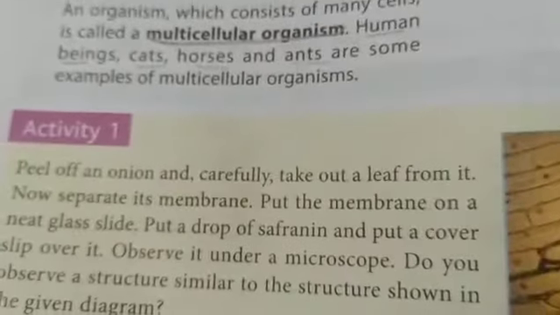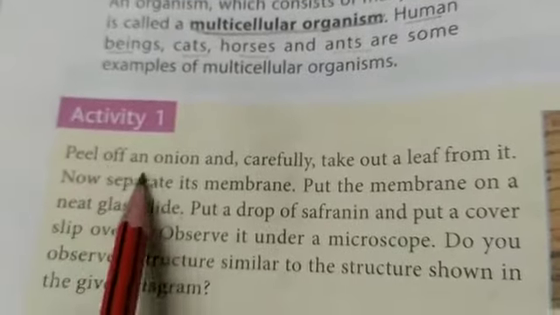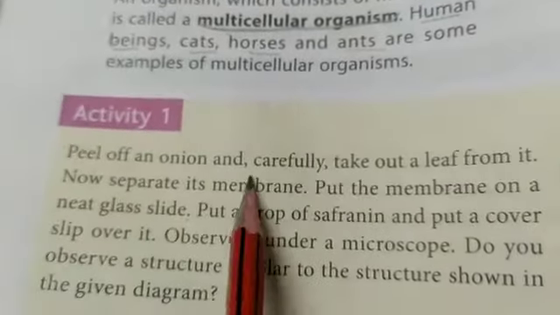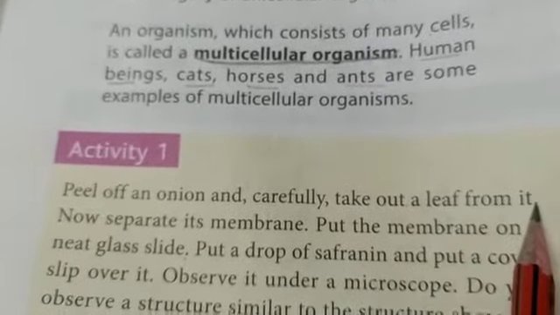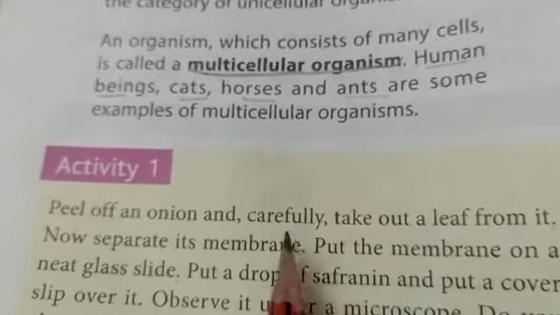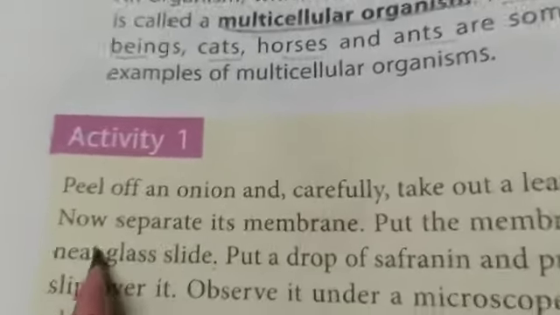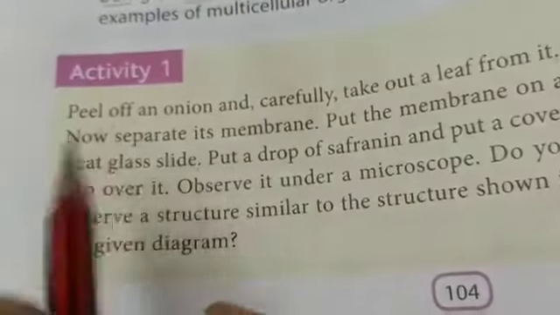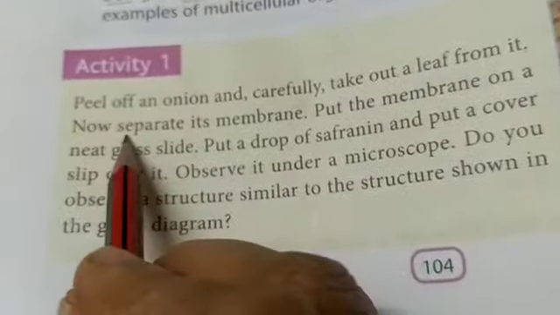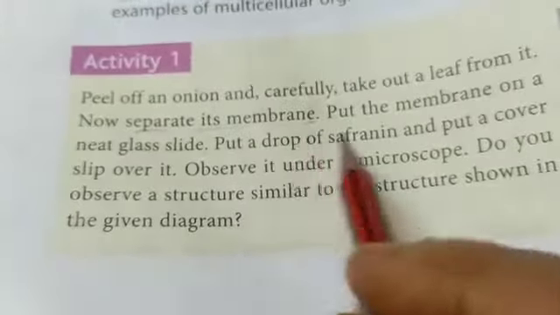Yes, let's see your activity. 1. Peel off an onion and carefully take out a leaf from it. You have to take an onion and peel it. Now separate its membrane. Whatever layer you have taken off, from it you have to separate the very thin, skin-like membrane.